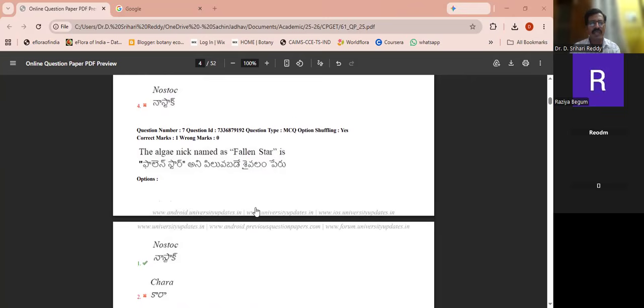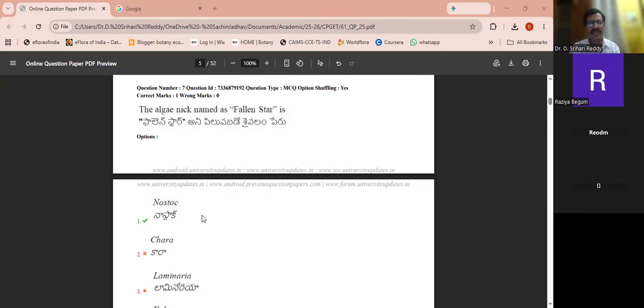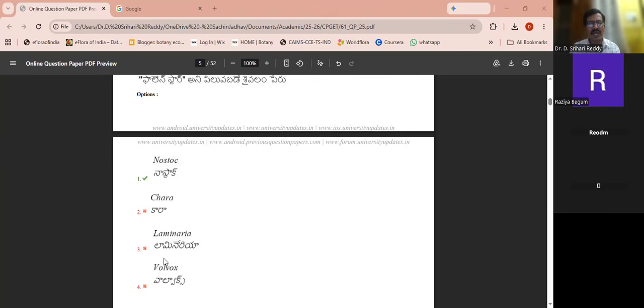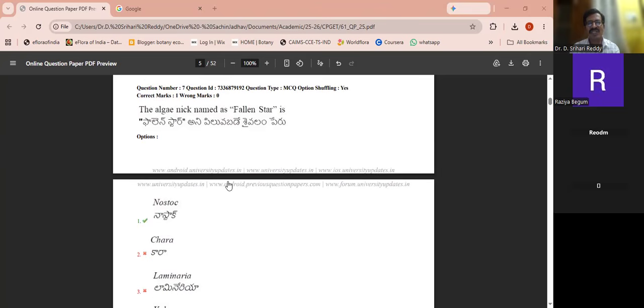Okay. Next. The next question is, the alga nicknamed fallen star. Fallen star is the nickname for, here the options are Nostoc, Chara, Laminaria, Volvox. All these algae are given. Out of that, Nostoc is called fallen star. It is a nickname for Nostoc. So what is the specialty about Nostoc? Why is it called fallen star?